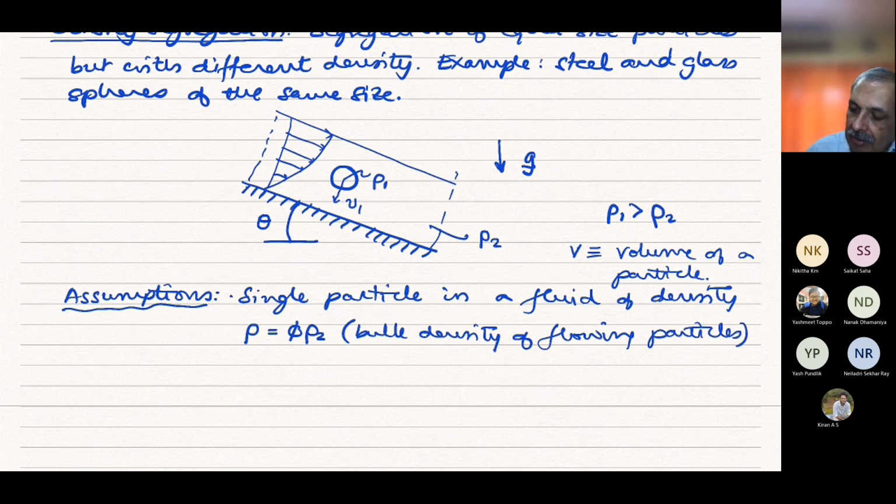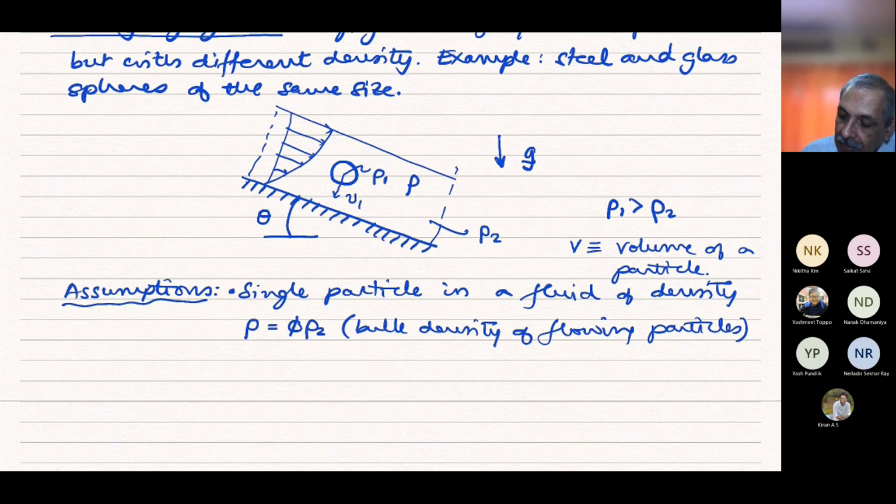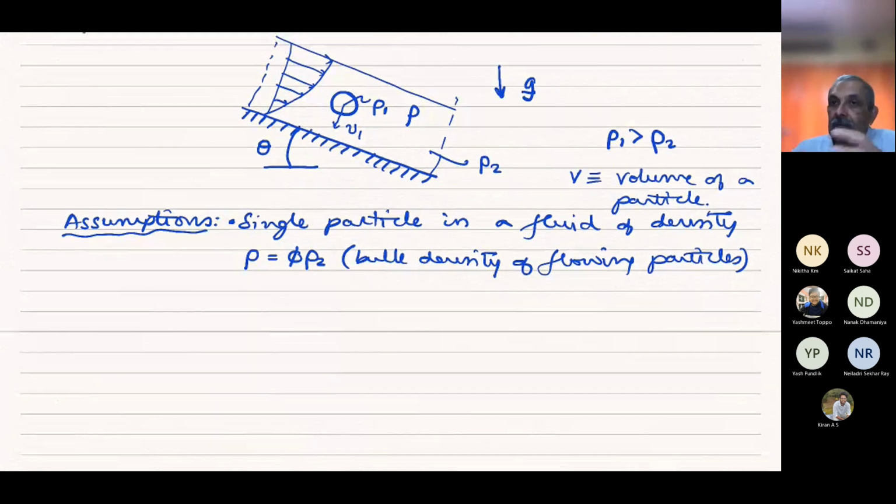So if you look at the bulk density of this, it is actually just rho, because it will be rho 2 times the volume fraction. There's mass of the particles and there's empty space. So the bulk density of the fluid around it is rho. This is one assumption, that you essentially have just a particle in a fluid. We can imagine that the stuff outside is just like a liquid.